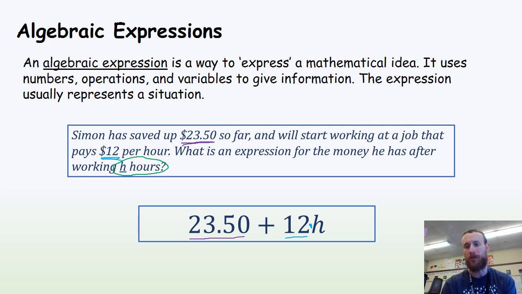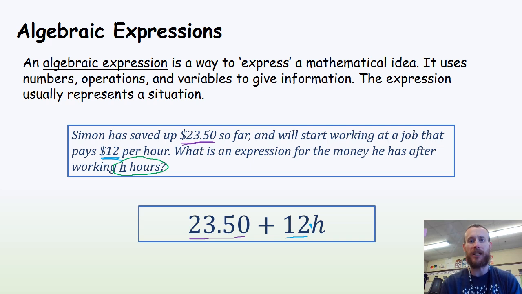If h is 2, of course, 2 times 12 would be 24. And then we could find $24 is what he made at his job, plus the $23.50. That would give us $47.50. We'll get to that more later. That's evaluating an expression, and that would tell us how much money he had.